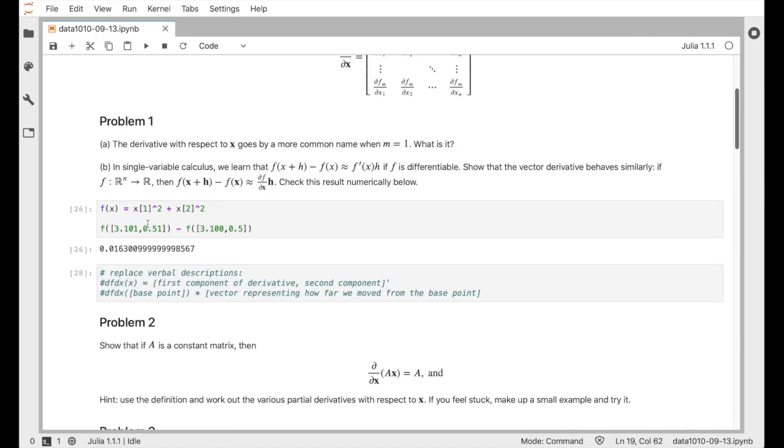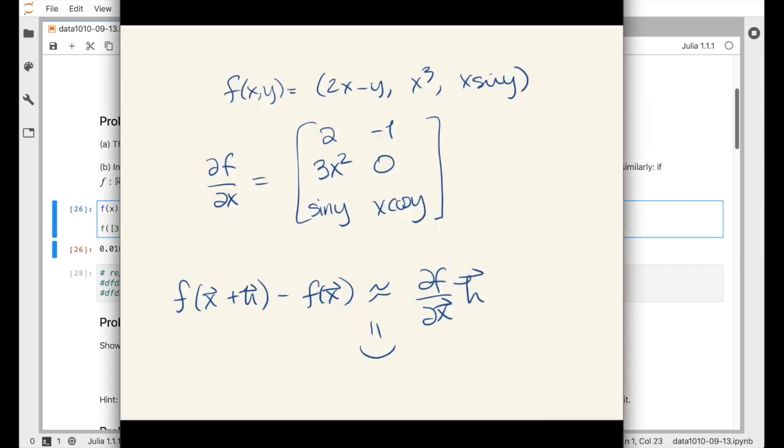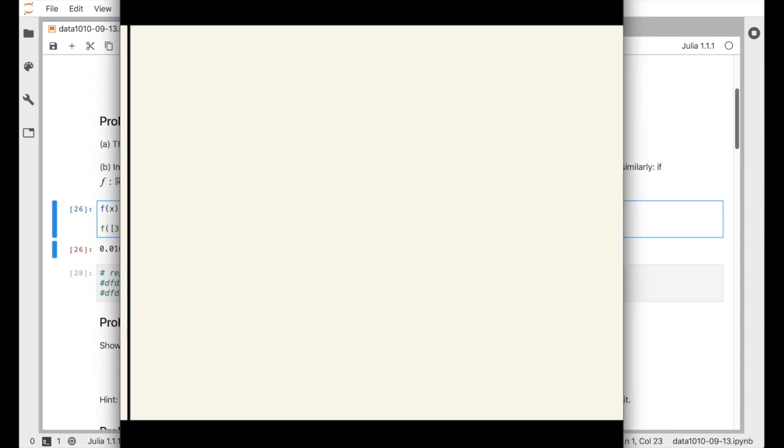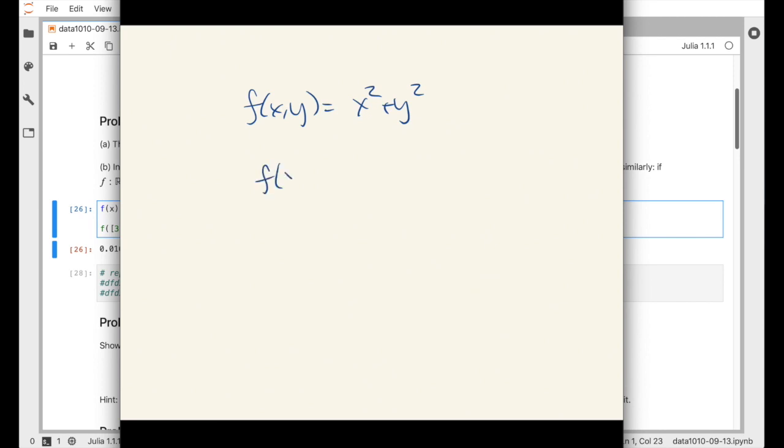So we're considering this simple function. F of a vector x is equal to the first component of x squared plus the second component of x squared. So in more traditional calculus notation, this would look like f of x comma y equals x squared plus y squared, or maybe f of x equals the first component squared plus the second component squared.